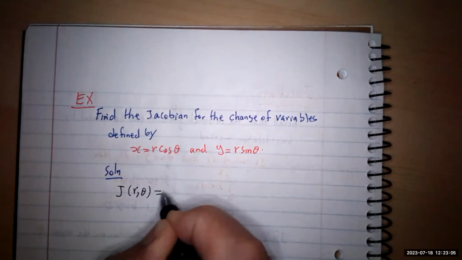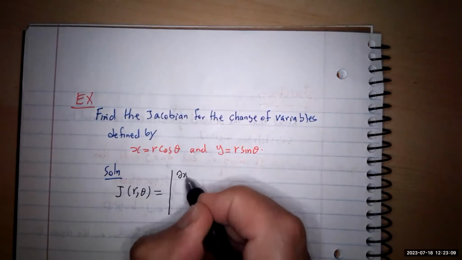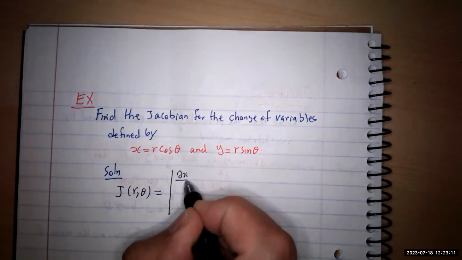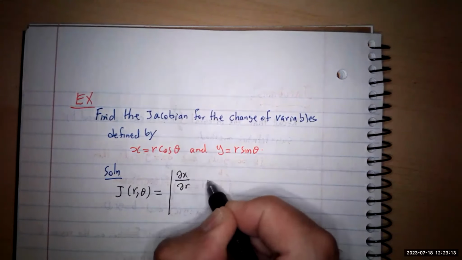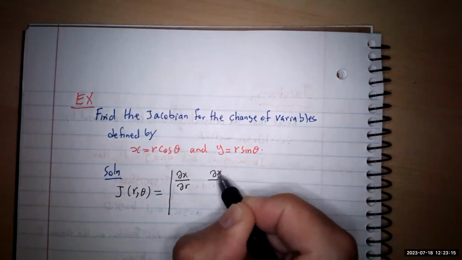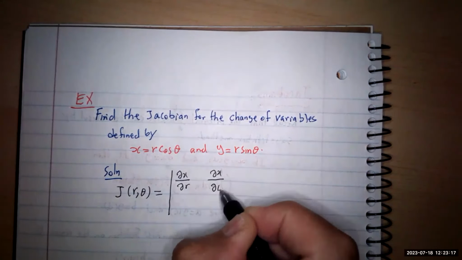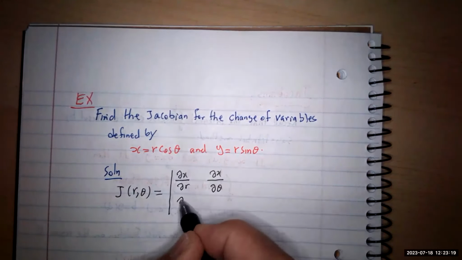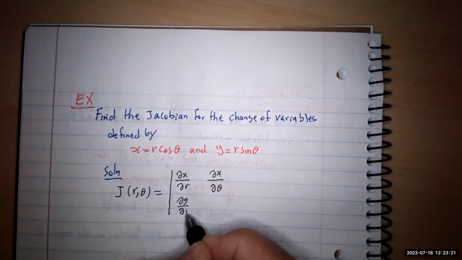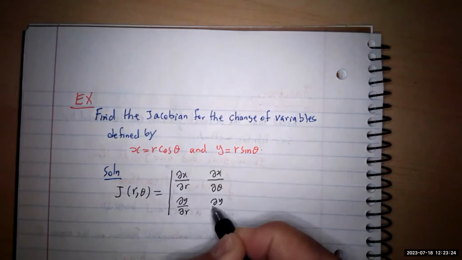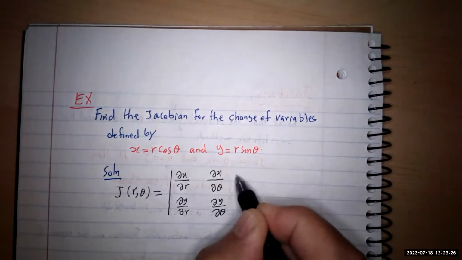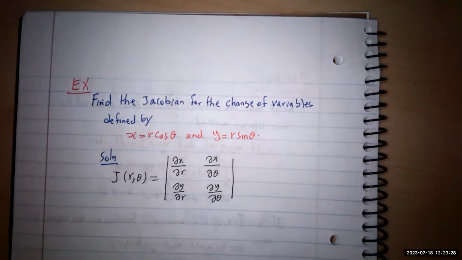The new one is the determinant of, I just repeated, rho x: we have r and theta. So rho x, rho r; rho x, rho theta. Second row, rho y, rho r; rho y, rho theta. That's your Jacobian.